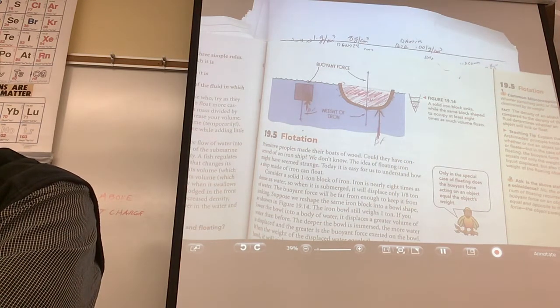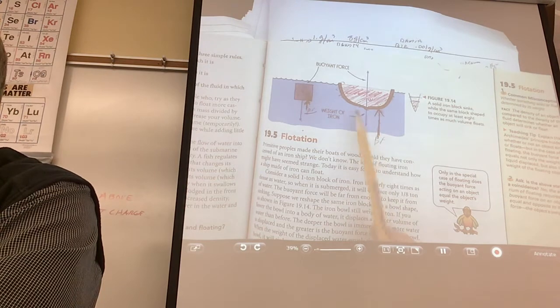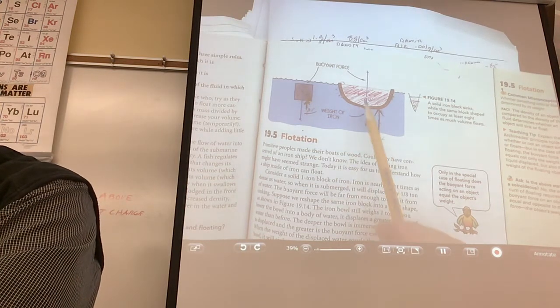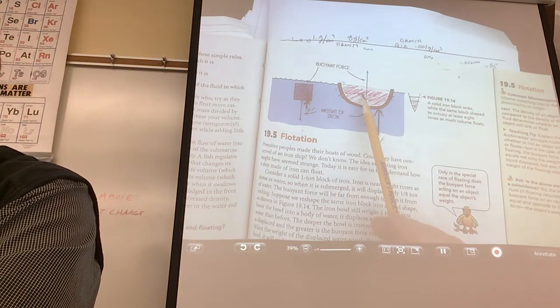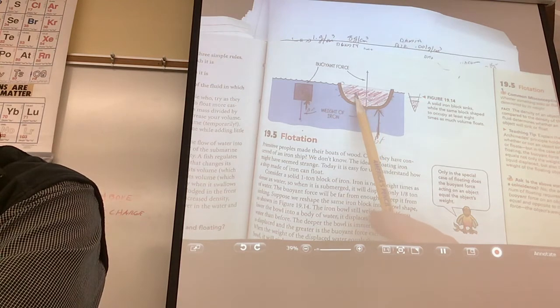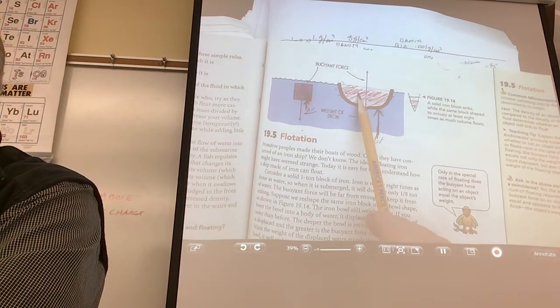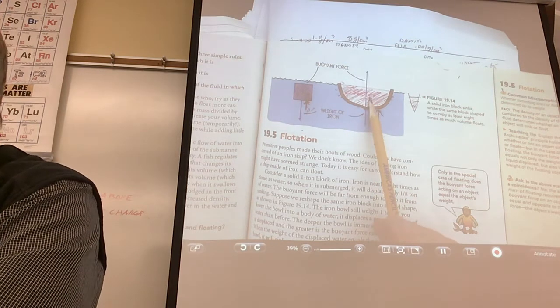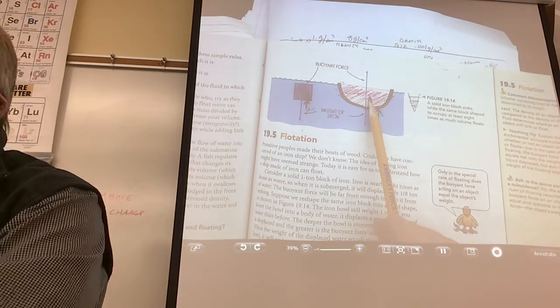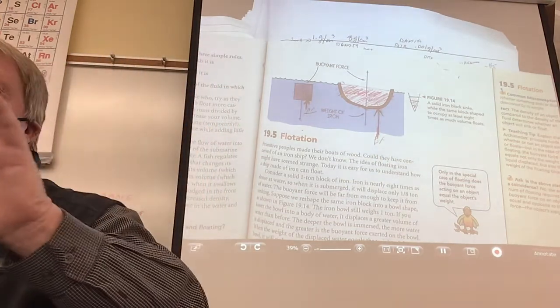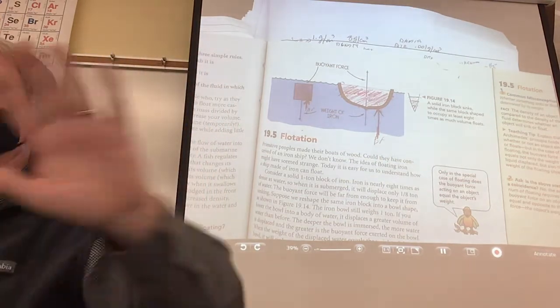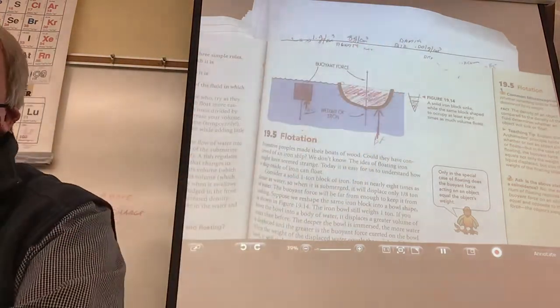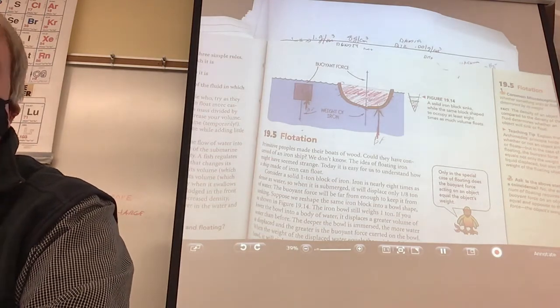I think when you said the air in here, that's an indirect way of saying what used to be there. What used to be here? Water. Where is it? It's not in the boat. If it was in the boat, it wouldn't be a very good boat. You're right. Well, what did the boat do to that water? It displaced it.